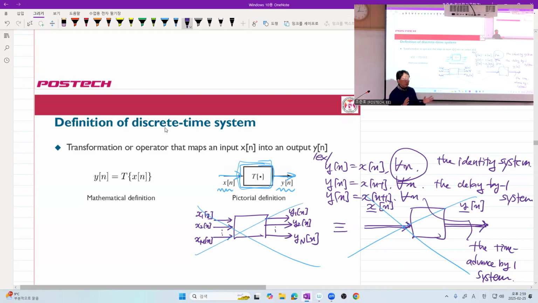So as I told you, the time origin is chosen most of the time for convenience. So this time advance really means some future prediction in some cases. However, in most cases, it's not.